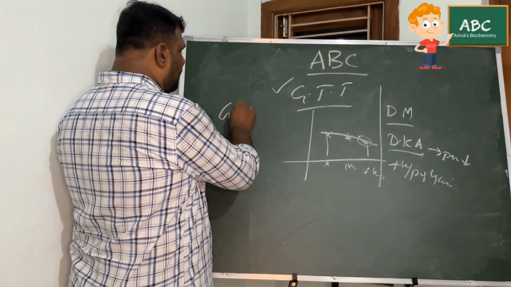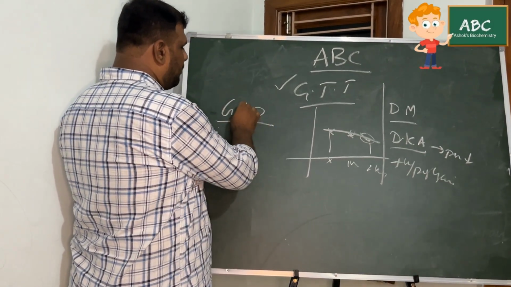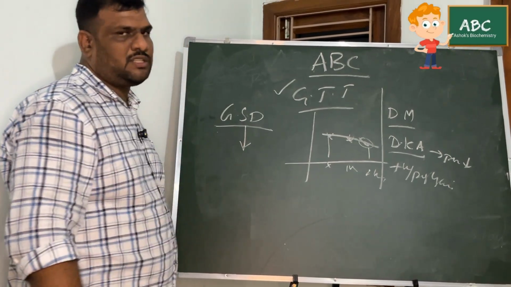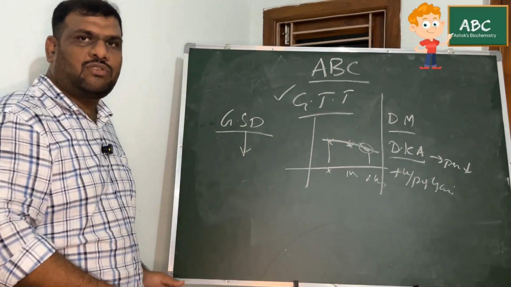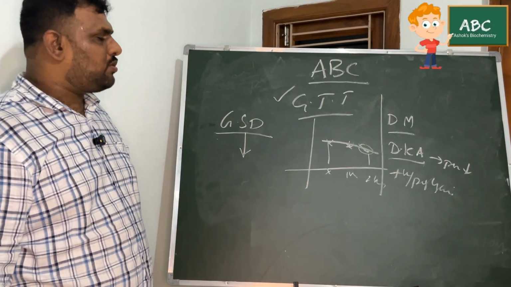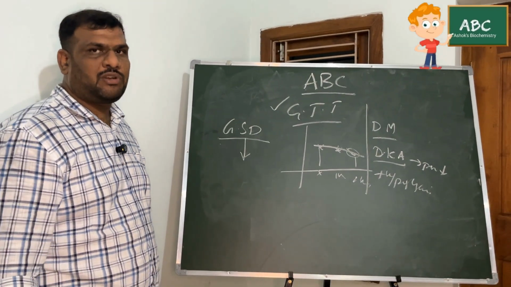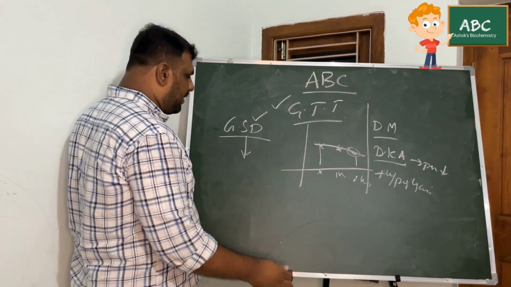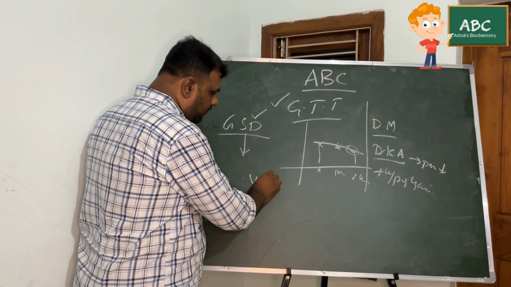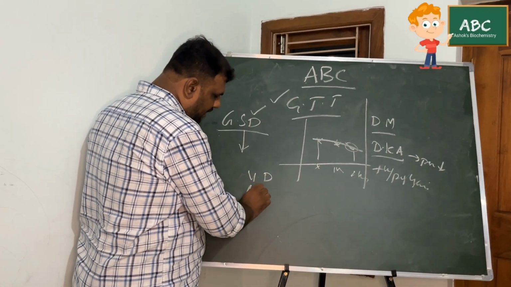And in glucose metabolism, sugar metabolism, there is something called glycogen storage disorders. There is a list of glycogen storage disorders. You just need to go through that. Each and every type of disorder has its own enzyme also, just go through them. After that, you will be having disorders related to vitamin deficiency and mineral deficiency.